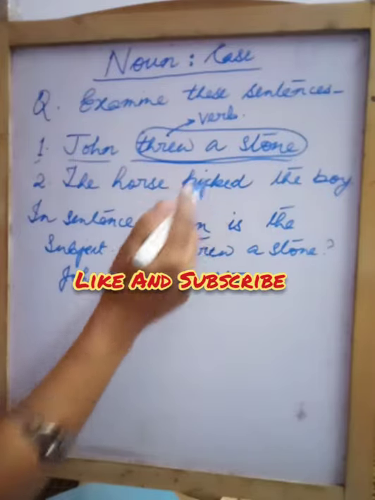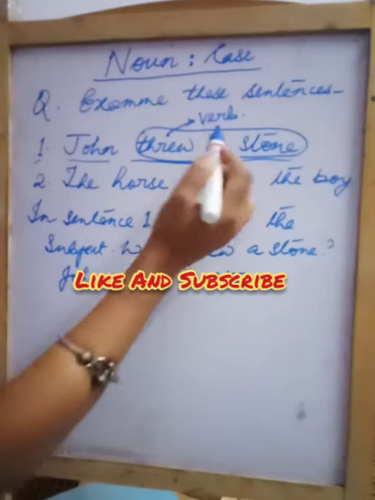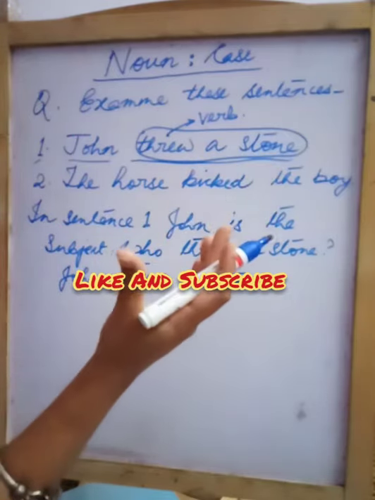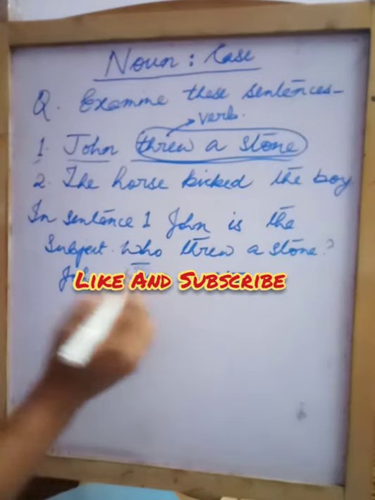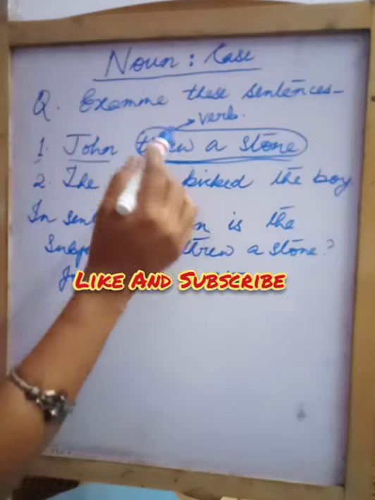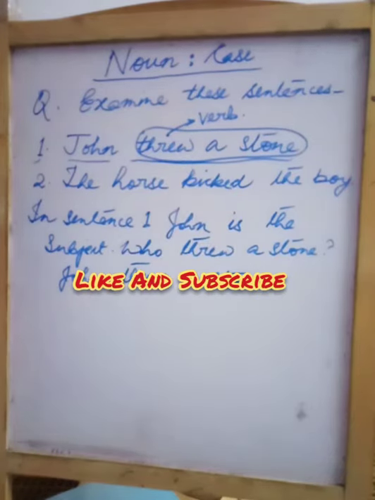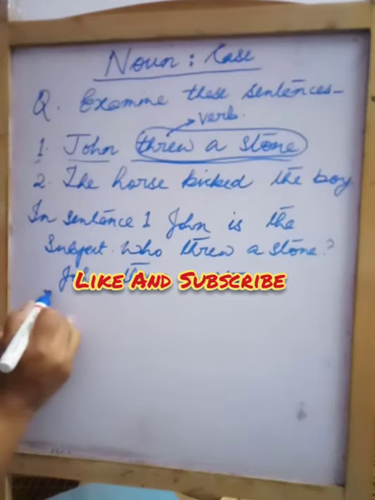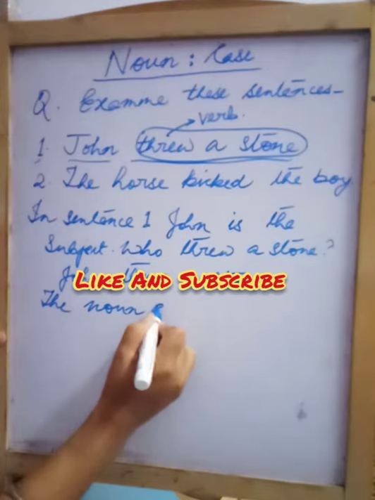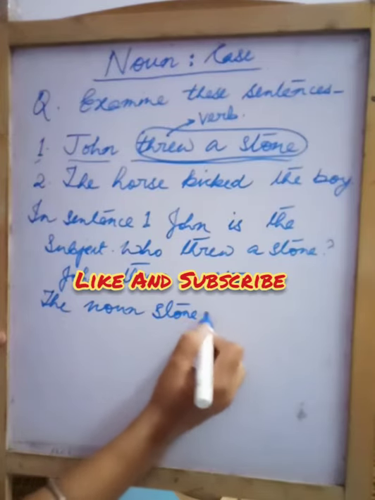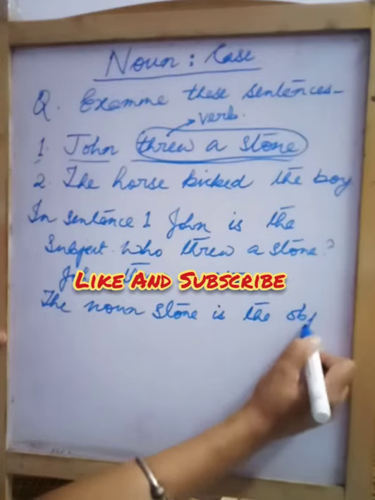So what did John throw? He threw a stone. Throw is the action, it indicates the verb, and stone is the object. What did he throw? He threw a stone. Alright? So we can say the predicate contains the verb and the object. Fine? So we can write, the noun stone is the object.